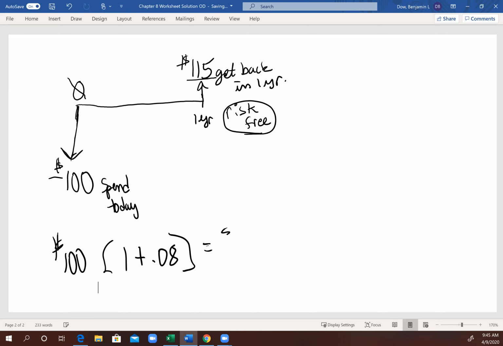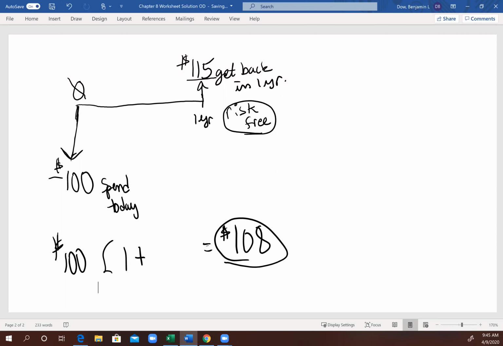Then you can see that you're still better off, because if you borrowed it at 8%, then you'd pay back 108 and you'd still have 115 coming in, which is more than enough to pay it off. Now, you can kind of see the point at which taking on this project would not be good.